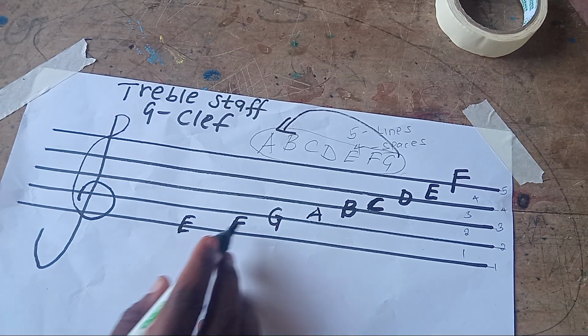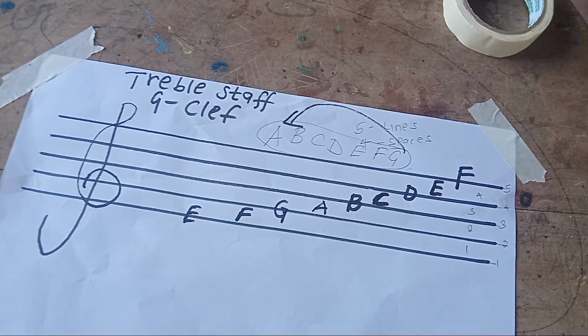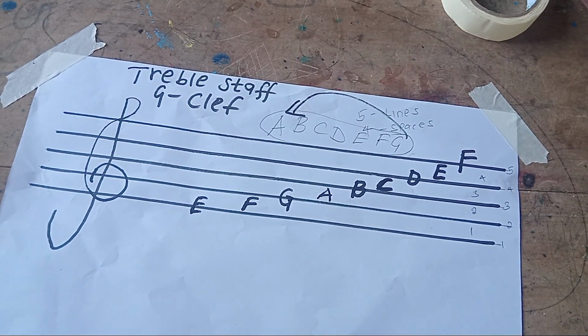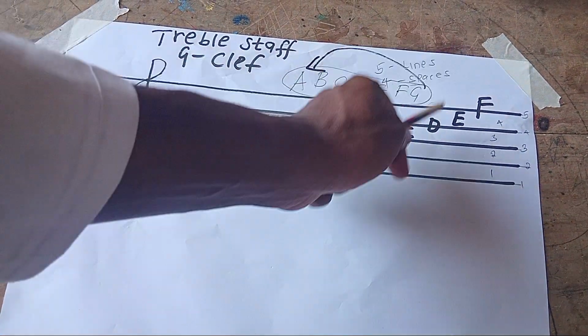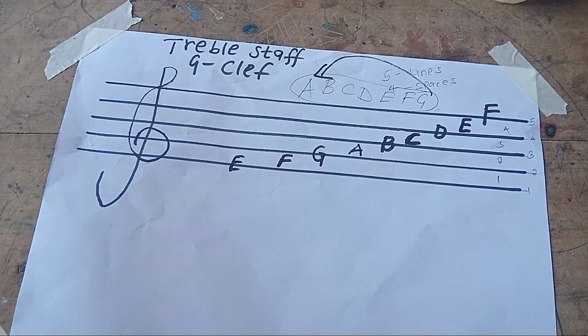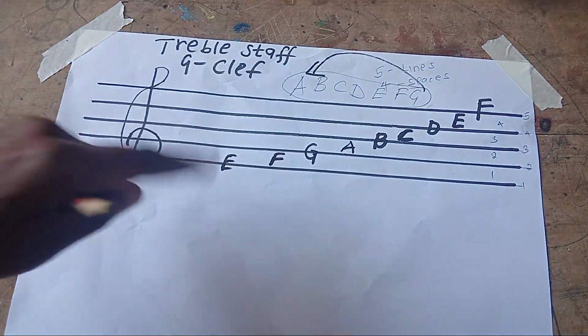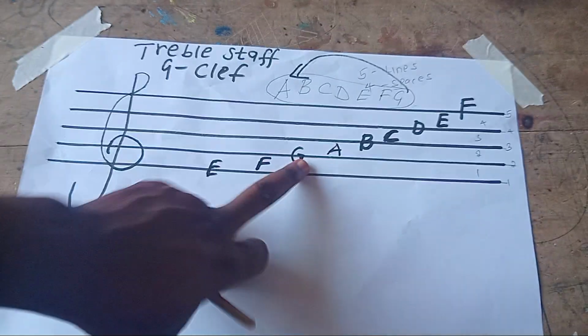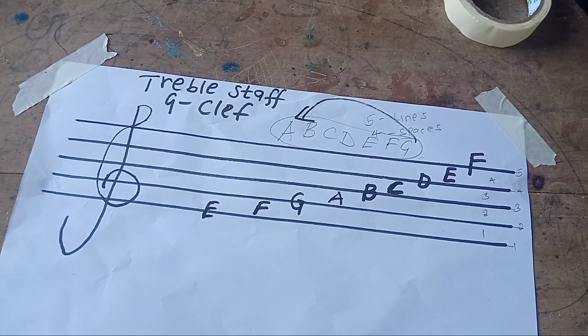So this is E, F, G, A, B, C, D, E, F. So they have a certain order. From G, you go to A, you go to B, you go to C, you go to D, E, F, like that. You don't just guess. No. We follow the order of the first 7 alphabets.